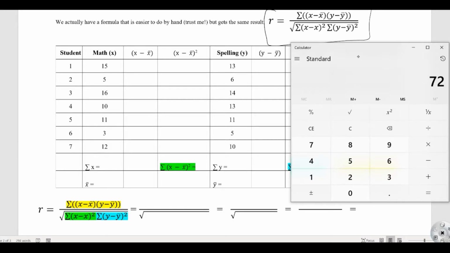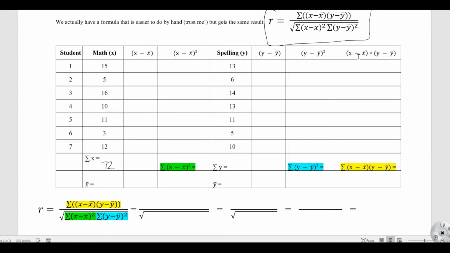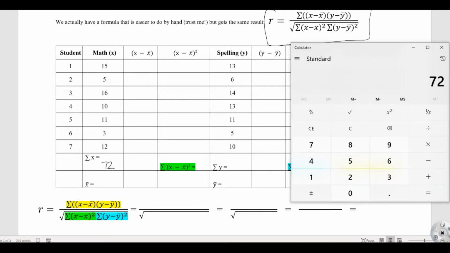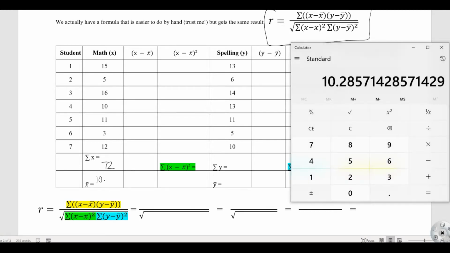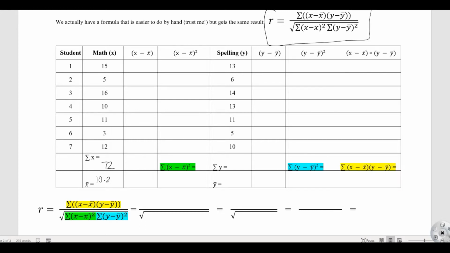So I got 72. And since there's 7 students here, then I'm going to divide by 7 to get my mean. In this case, my mean is 10.29, round that one up.